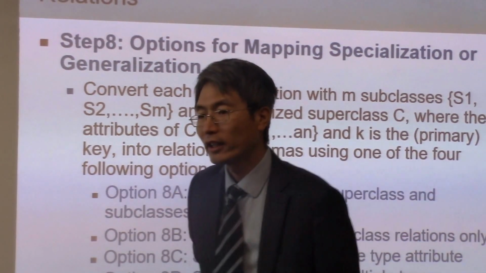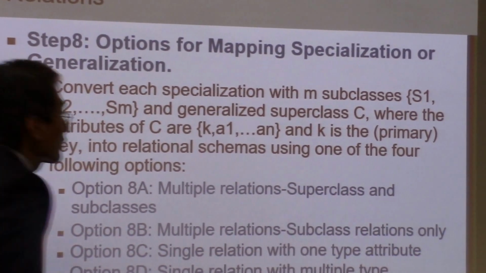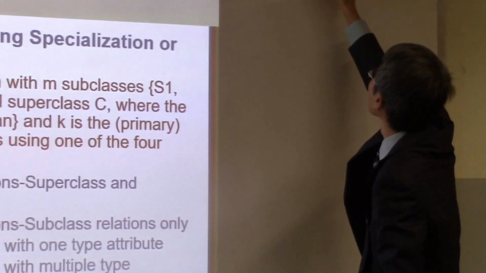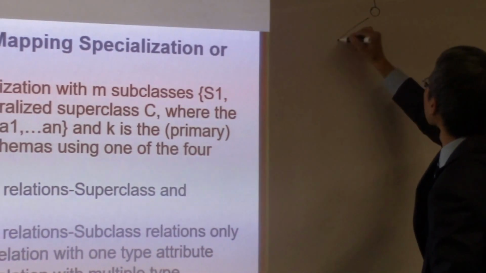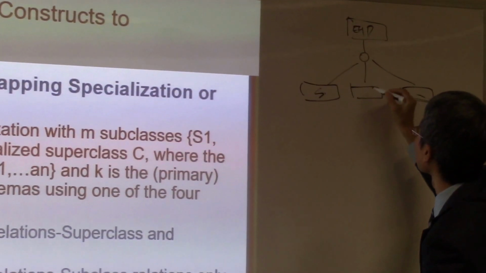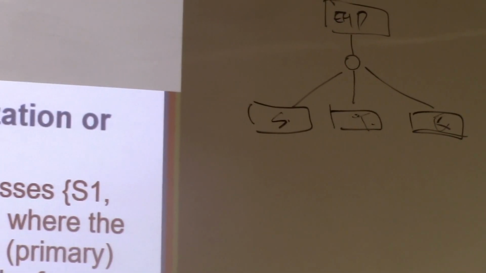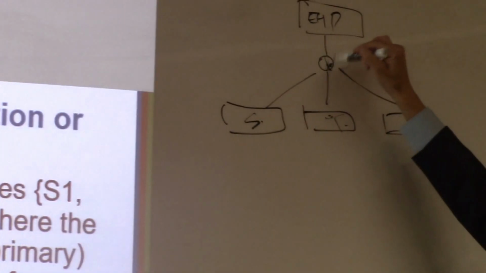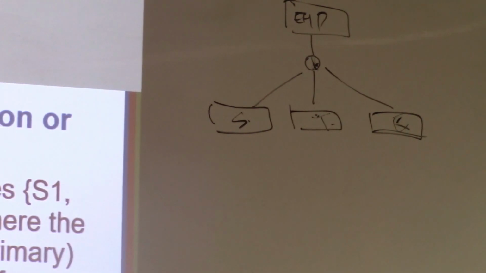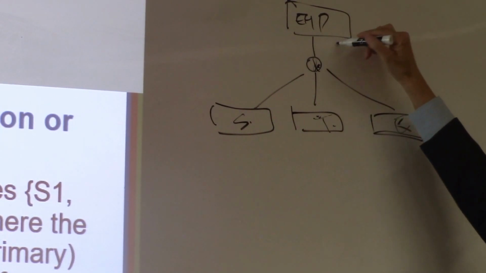So the enhanced or extended ER model is a superclass and subclass relationship like this one: we have the employee, and this one has secretary, technician, and engineer, okay, like that. So this is, for example, either disjoint or overlap. Overlap allows multiple memberships of the subclasses. And either single line or double line.